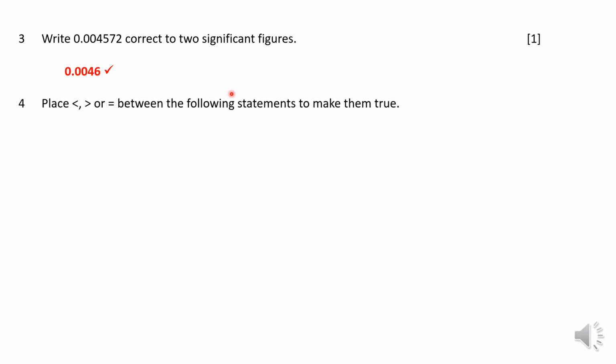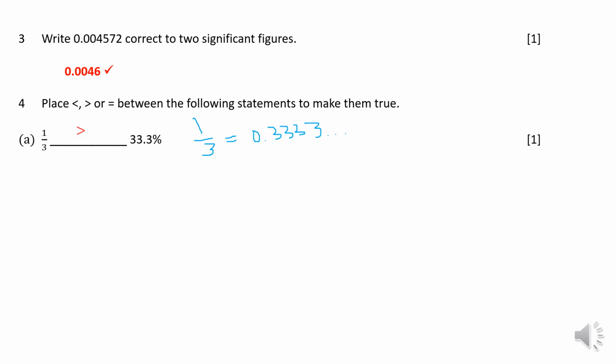Part 3, you are supposed to insert less than, greater than, or equal to between the following statements. The first one is: is a third equal to, greater than, or less than 33 and a third percent, 33.3%? One thing you should know about a third, and you can use your calculator since you are using it in the exam, is that 1 over 3 is actually a recurring decimal.